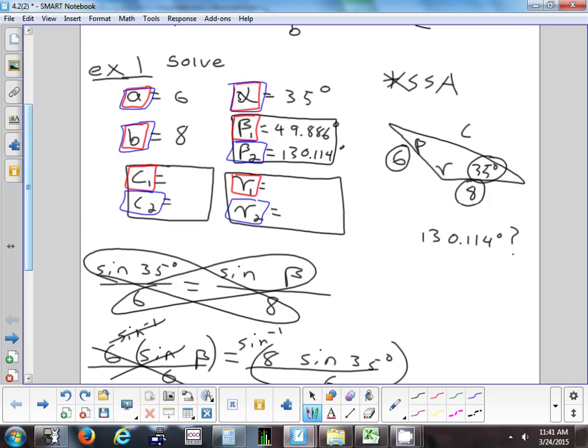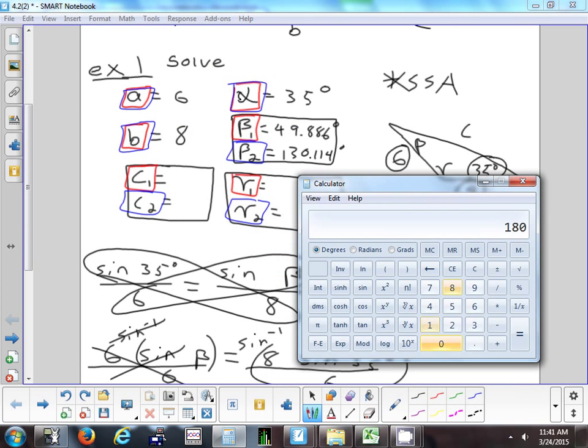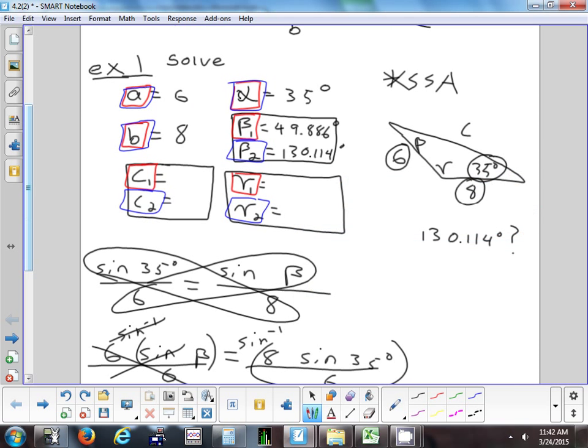What two angles would I add together and then subtract from 180 to get gamma 1? Jordan? The 49.886 and 35. Right. If you take 180, subtract 35, then subtract 49.886, that leaves you with 95.114. That's gamma 1.